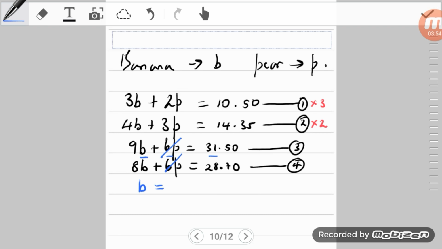And so 31.50 minus 28.70, that's going to give us $2, and, pardon me, let's just double check that. I think it's $2.80. 31.50, take away 28.70. Oops.